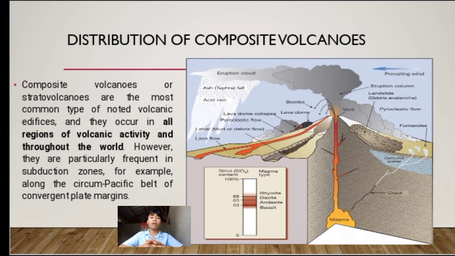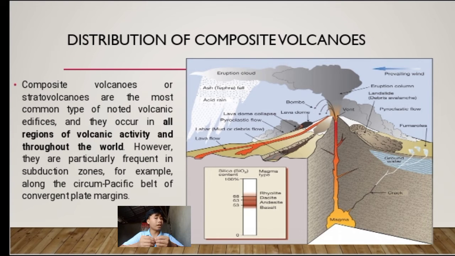Next, the distribution of the composite volcanoes. Composite volcanoes or stratovolcanoes are the most common type of noted volcanic edifices, and they occur in all regions of volcanic activity throughout the world. However, they are particularly frequent in subduction zones.